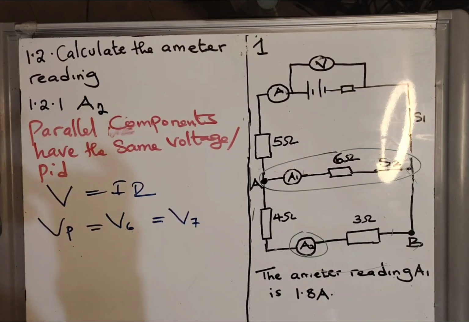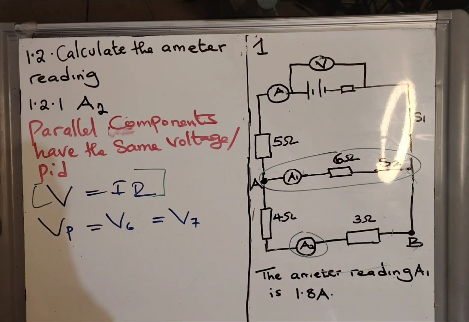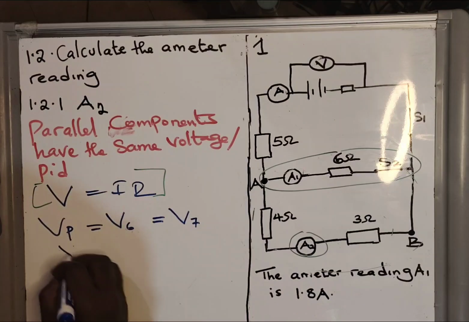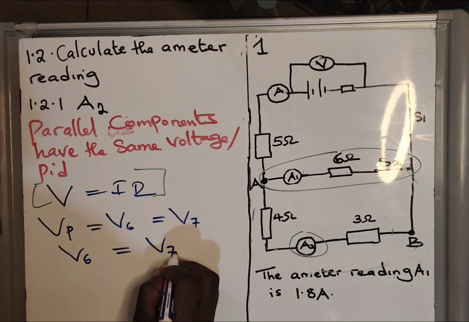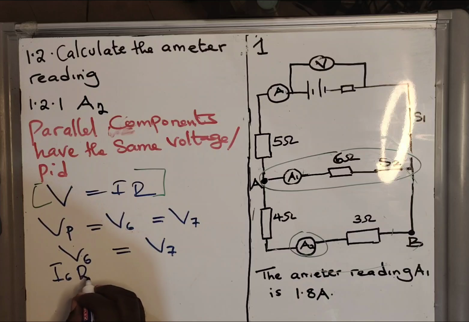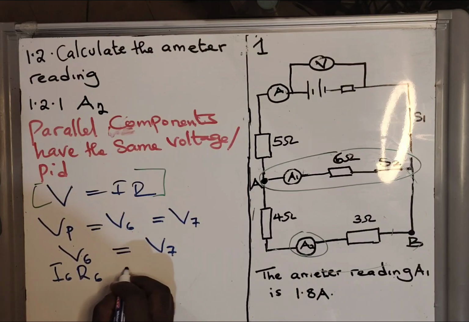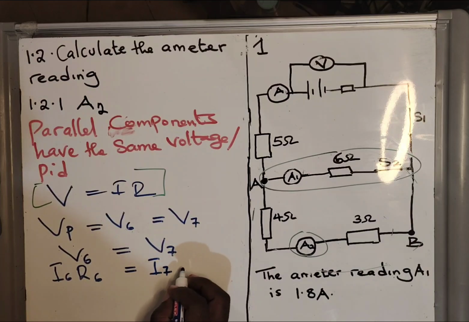Remember, we have just put across this equation. So what can we say here? Potential difference across 6 is equal to potential difference across 7, and every V is equal to IR. So we can say I through 6 times R through 6 is equal to I through 7 times R through 7.